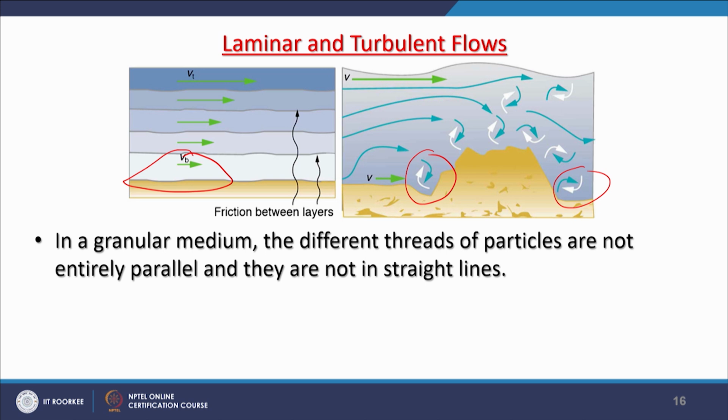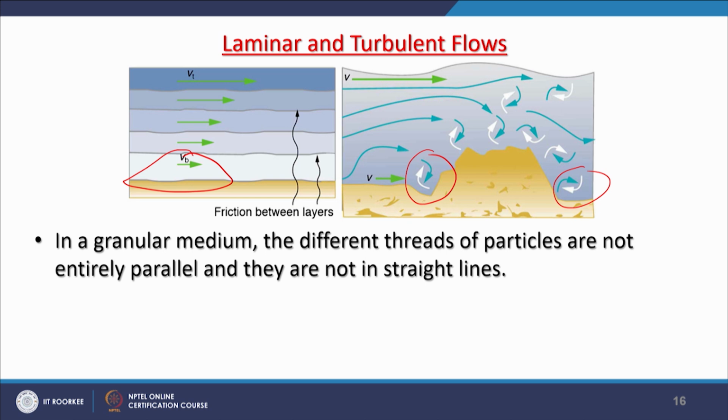So, in a granular medium, when water flows through a channel, water may not be pure, it may have some particles, sand particles, or generally clay particles if it is from a long distance from the source. So, in this granular medium, the different threads of flow are not entirely parallel and they are not in straight lines, as you can also see in this.